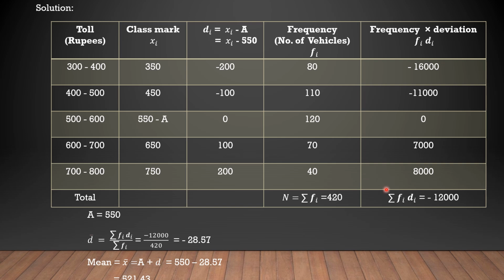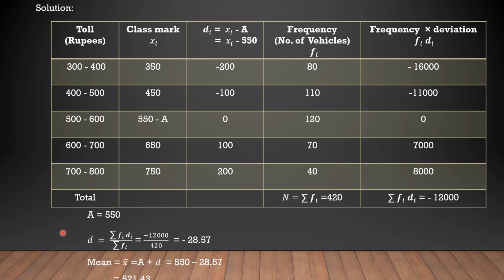Minus 27,000 plus 15,000 is equal to minus 12,000. So the value of summation of FiDi is equal to minus 12,000. So summation of Fi is 420 and summation of FiDi is equal to minus 12,000.